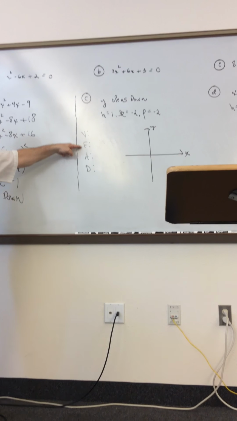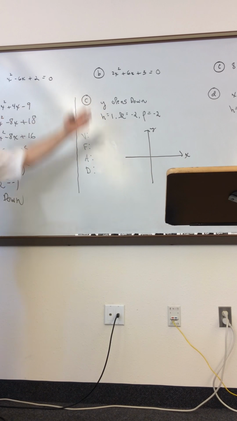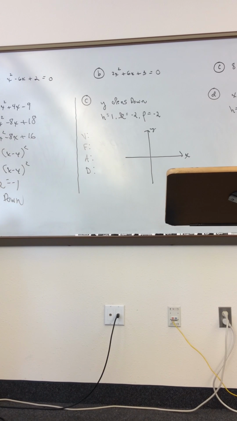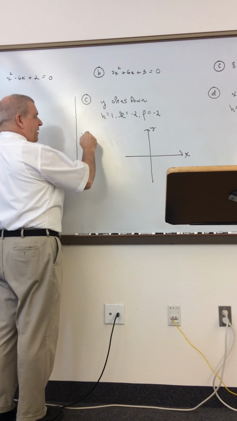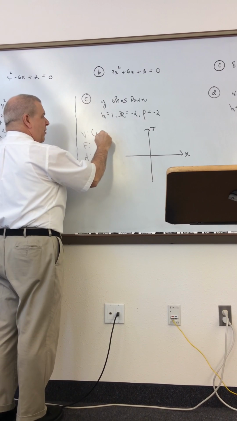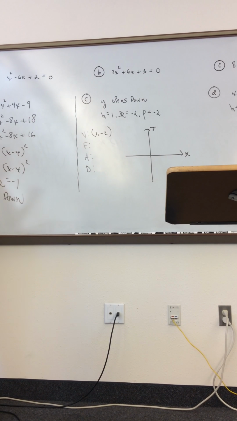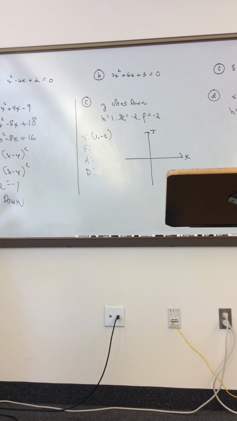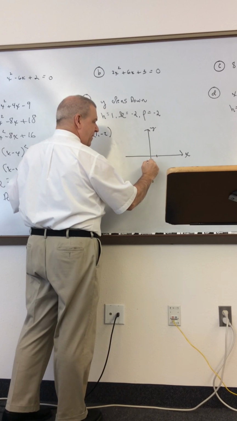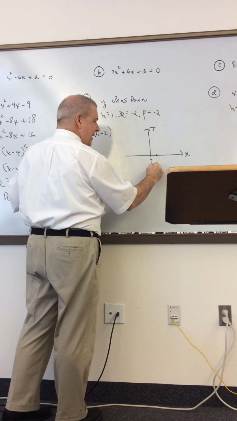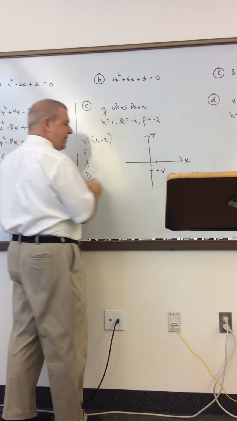Which one of these four parts would you know directly from what I'm giving you there? Jack? H, K, right? So the vertex would be 1, negative 2. You all got that, right? That's H and K. So come over here in your little graph and put that down. Mark that with a V.